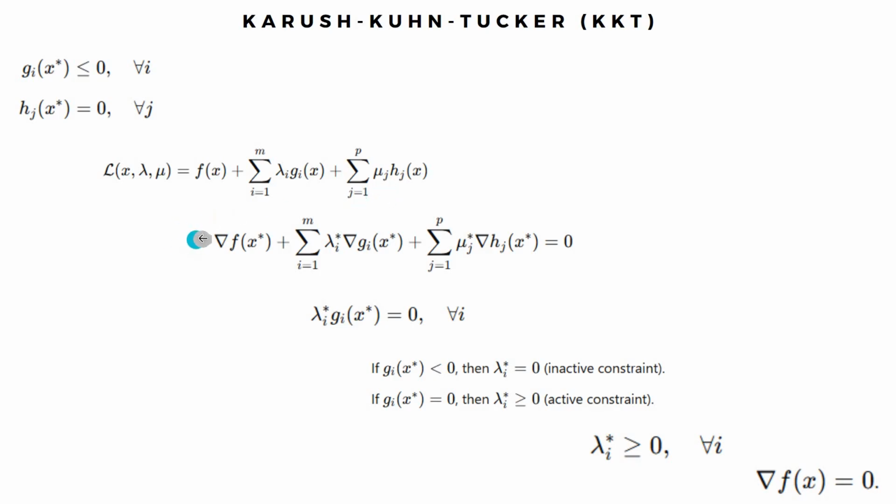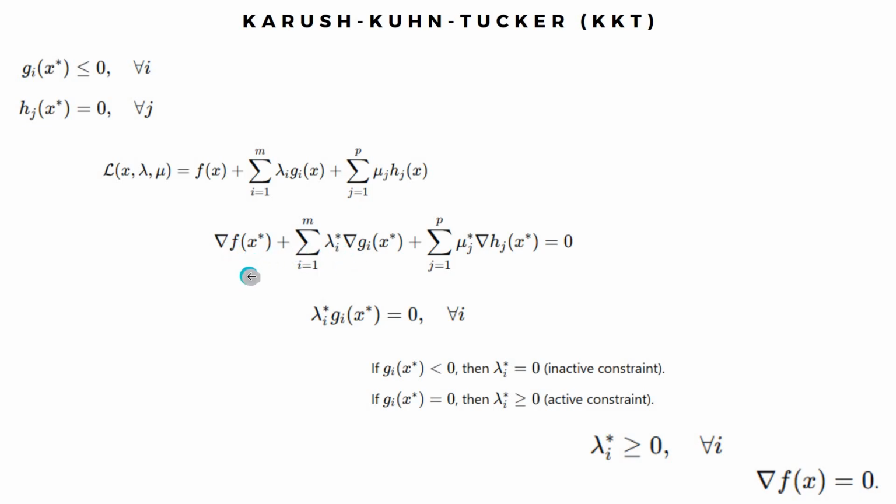Now that we have the Lagrangian, the stationarity condition says that the gradient of this function must equal 0 at the optimal point. Mathematically it is expressed like that.